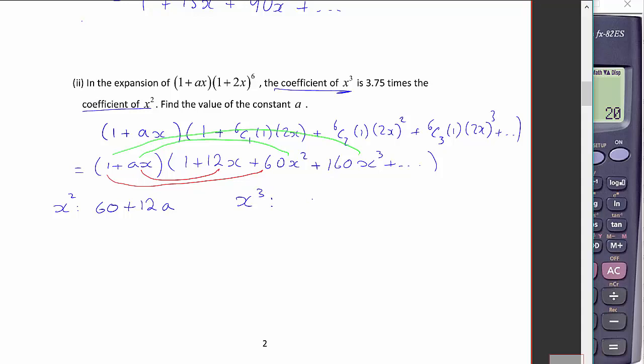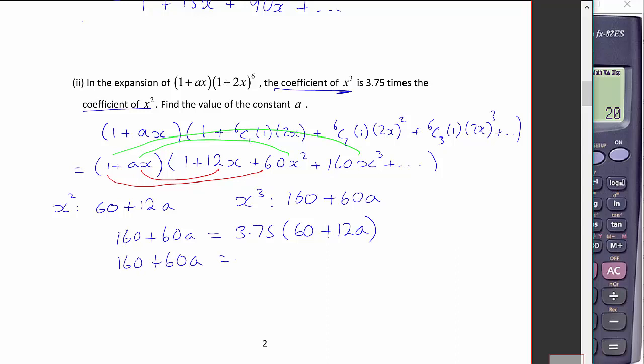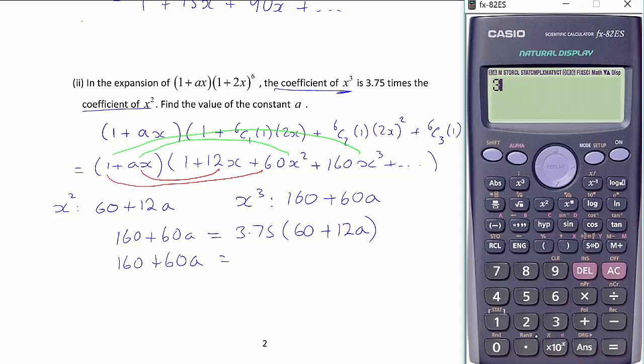So that's going to give me 160x cubed and 60a x cubed. And we know this one is 3.75 times the other. So 160 plus 60a would be 3.75 multiplied by 60 plus 12a. So 160 plus 60a is 3.75 times 60.